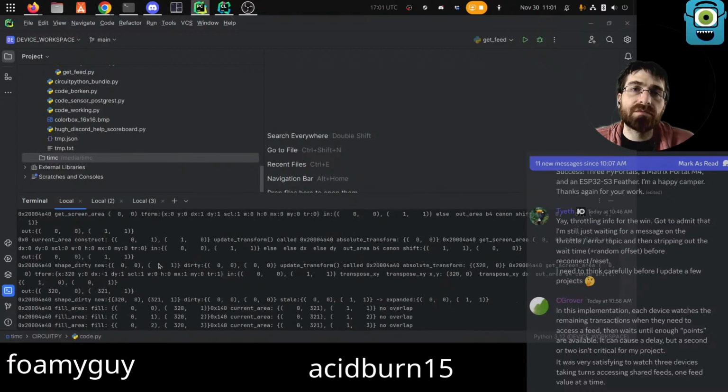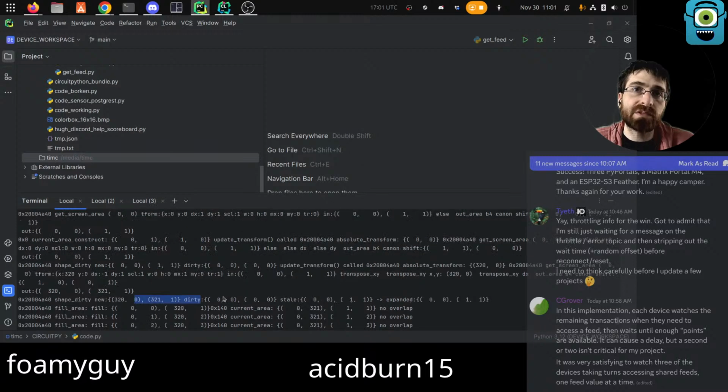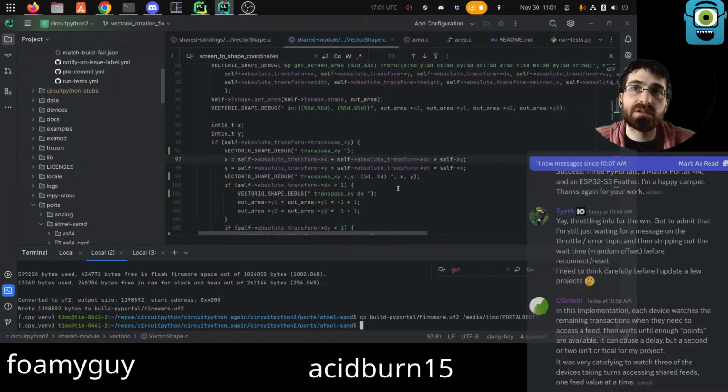We don't get any fill area if we do that. Which to me does kind of imply it's asking for 320, whatever, but that's outside the display, so nothing happens. Okay. We don't get to see what it translates to.